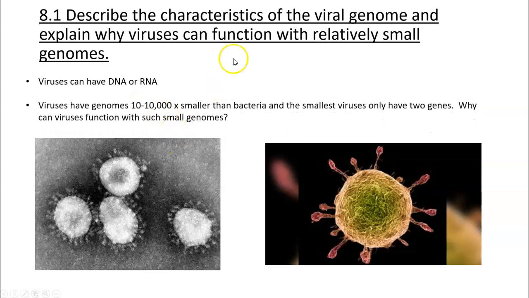The other thing about viruses and their genetics is they have genomes that are 10 to 10,000 times smaller than bacteria. And the smallest viruses only have about 2 genes.